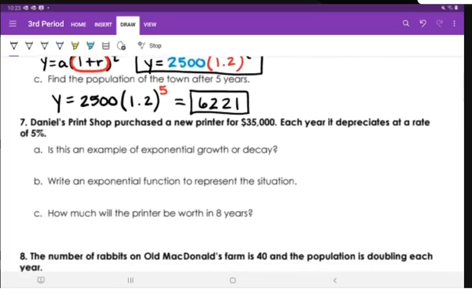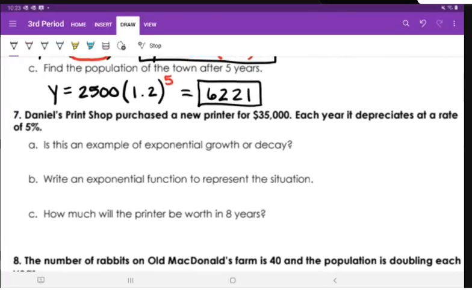we're dealing with a print shop that purchases a new printer for $35,000. Must be a super fancy printer. Each year, the printer depreciates at a rate of 5%. Depreciates is one of the words that I mentioned yesterday. We defined it. It means decay. It's when something loses value.